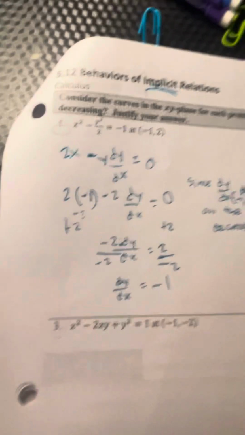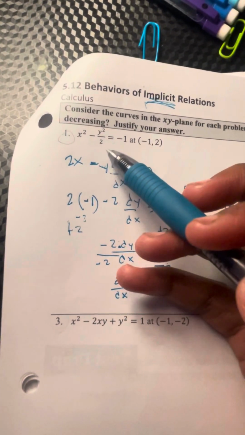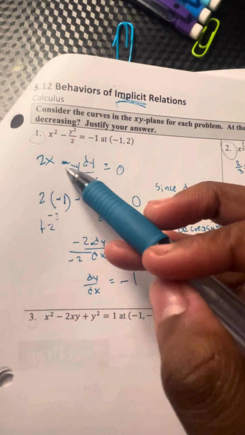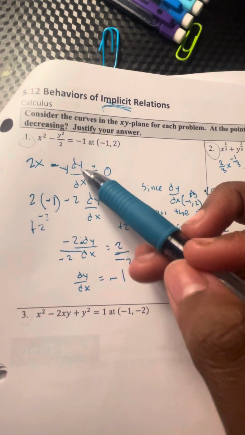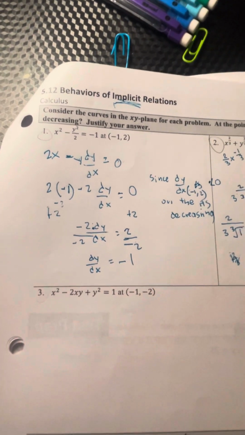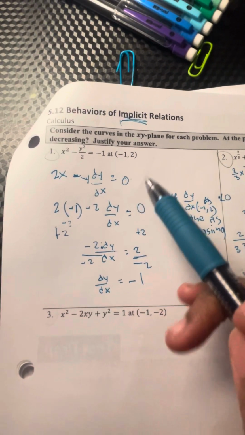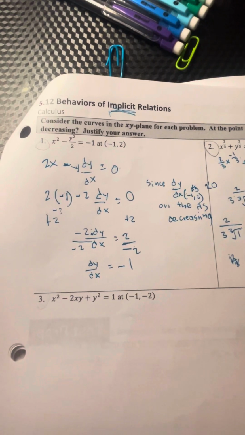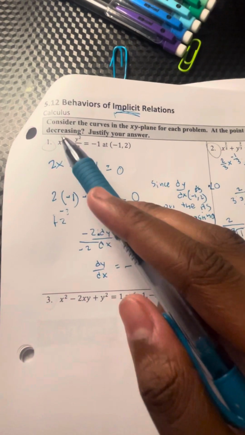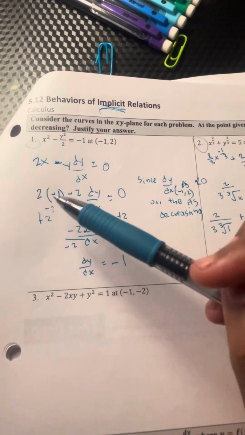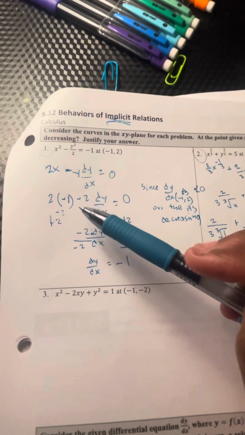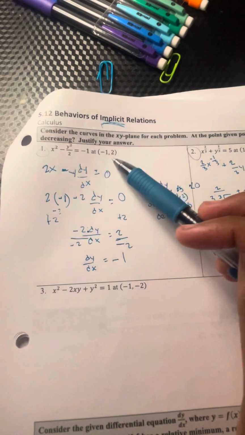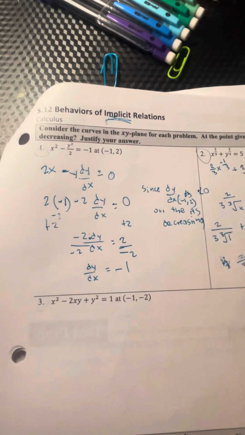So for here we got 2x because of x squared, and minus y because of y squared over 2, and that'll be dy over dx, and equals 0. So here we're plugging in the points for our x and our y, so we get -2 for the answer, and we just move it over, and we get -2 times dy over dx.